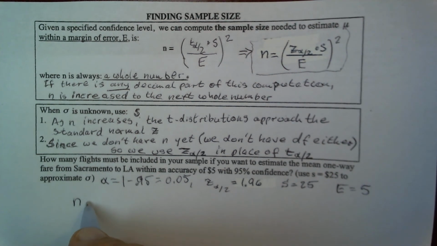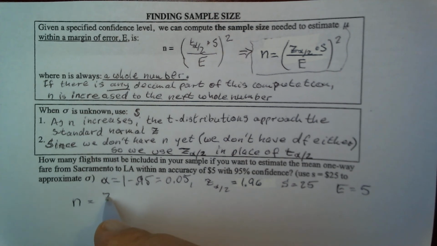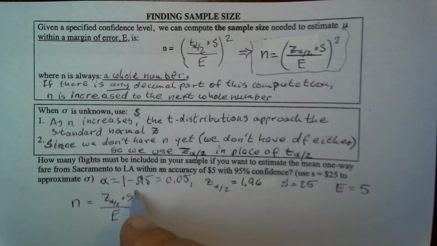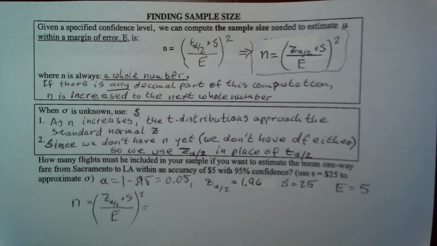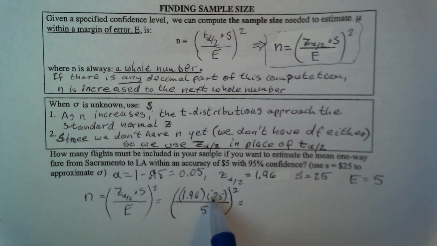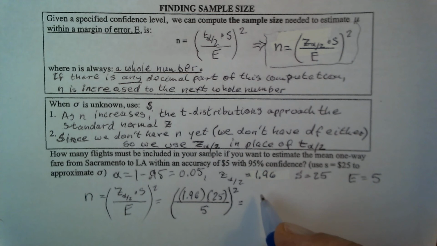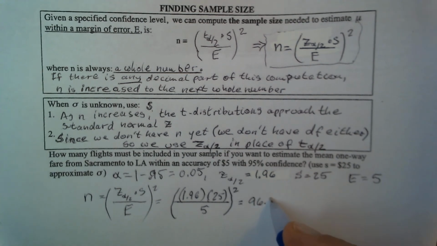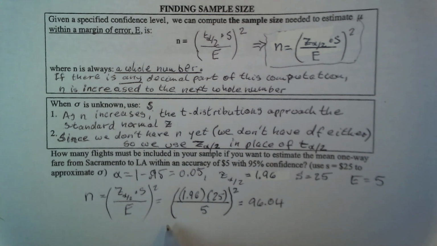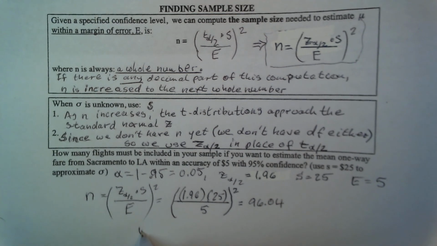So n is equal to z sub alpha divided by 2 times S, all divided by E, quantity squared. So that would be 1.96 times 25 divided by 5, quantity squared, and that's 96.04. So we need to sample 97 flights.